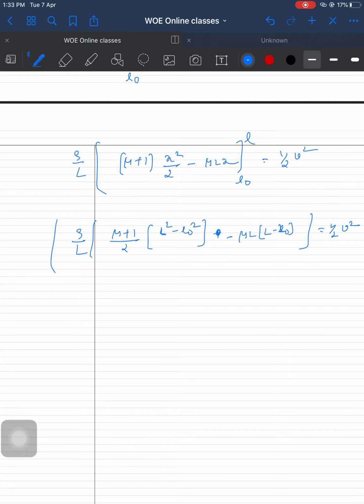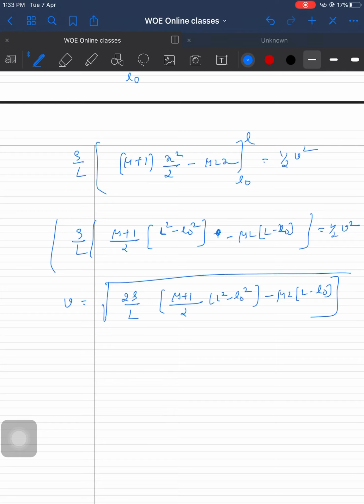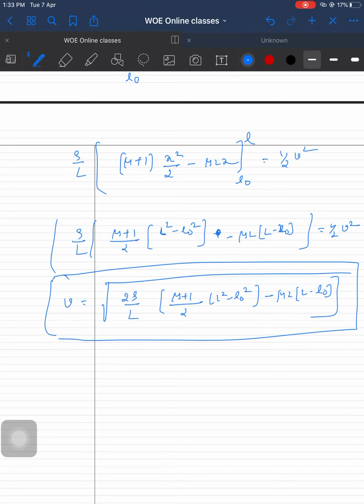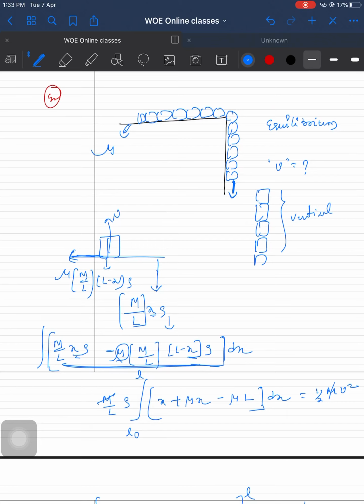After simplification, v is equal to the square root of 2g over L into [(mu plus 1) by 2 (L square minus L0 square) minus mu L (L minus L0)]. This will be the velocity of the chain when it is released from the edge, if friction is involved here. Thank you.